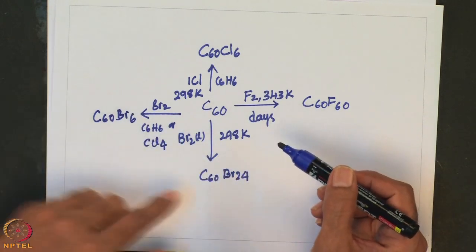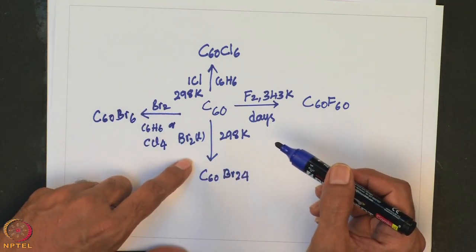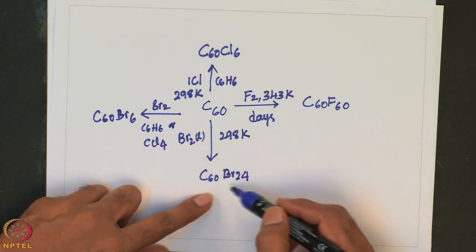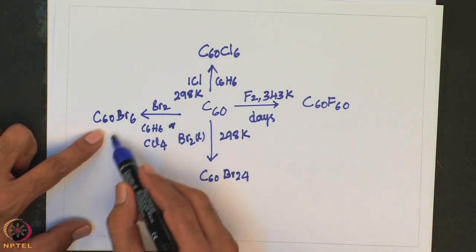So, that means by controlling the amount of bromine we are using, we can either make C60Br24 or one can make C60Br6.